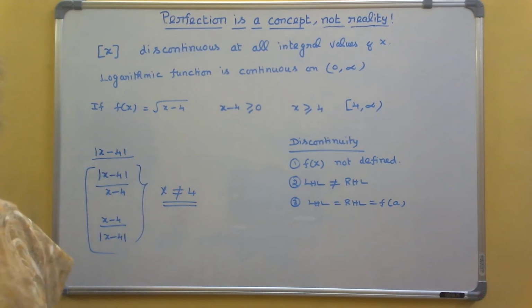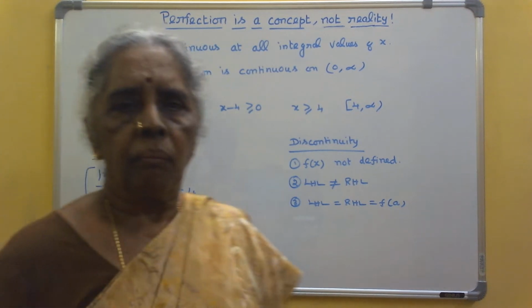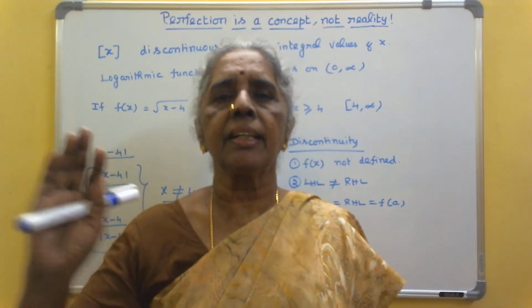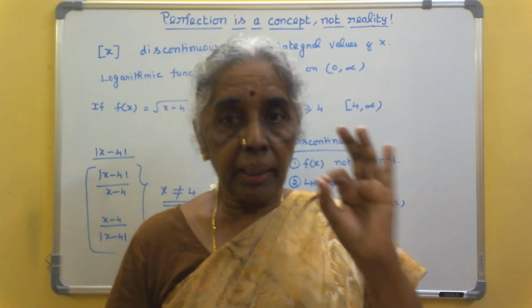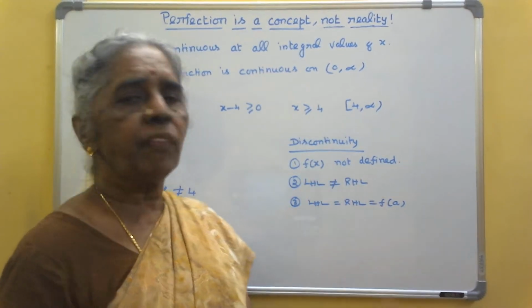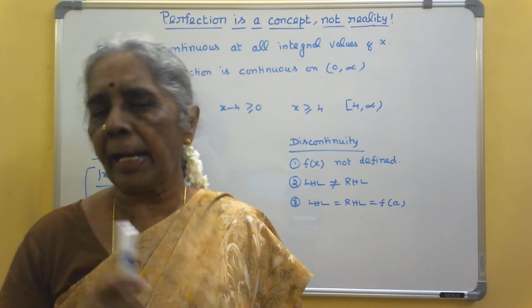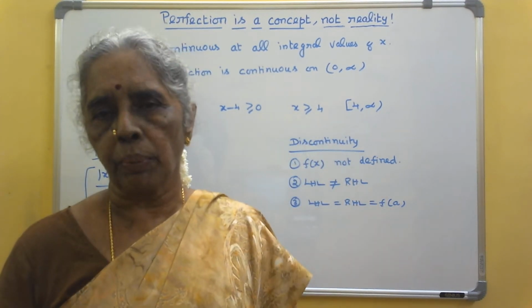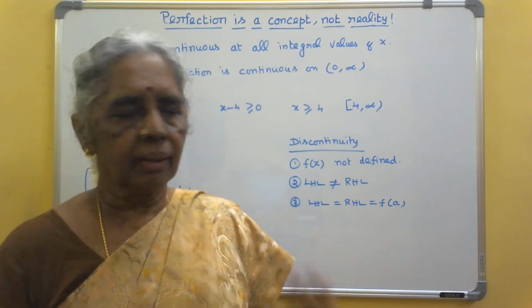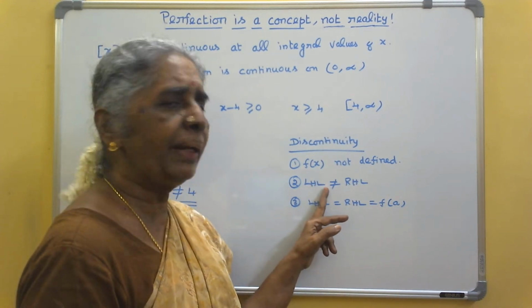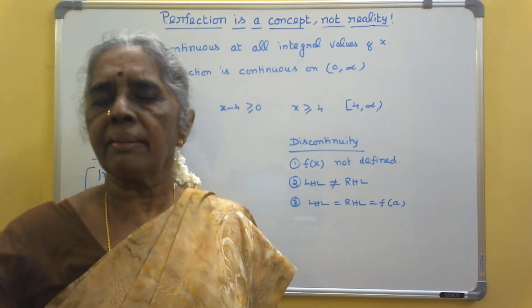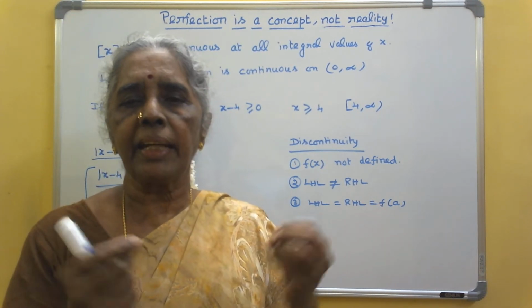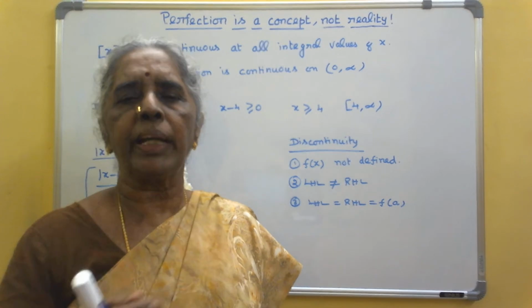Now in general, what are all the cases in which you will call a function discontinuous? Case 1: if your f of x is not defined, then you can say the function is discontinuous. Second, if the left hand limit is not equal to the right hand limit, that means the limit of f of x as x tends to a particular point will not exist.